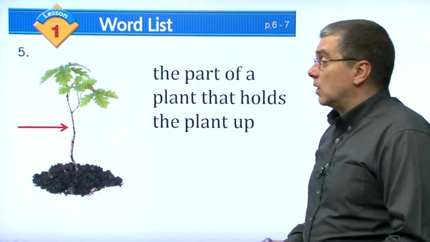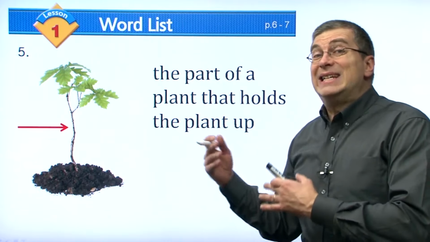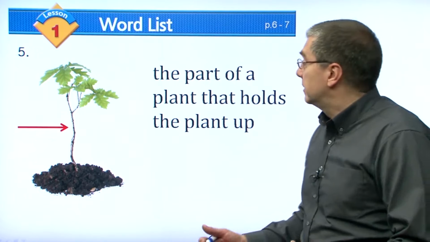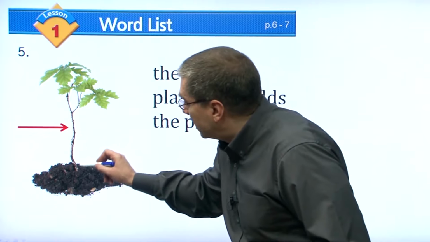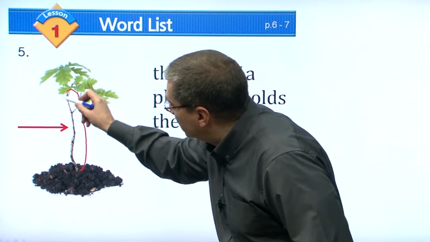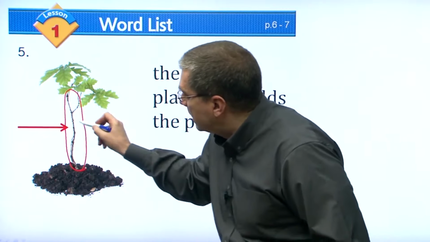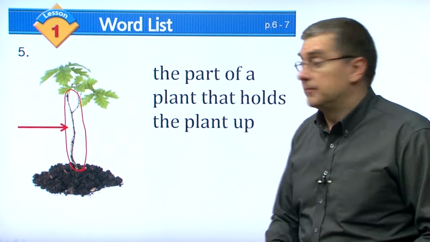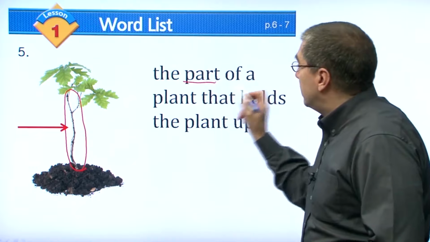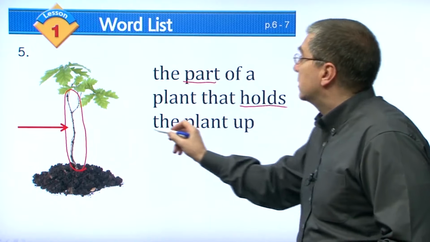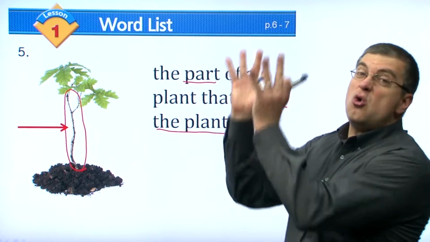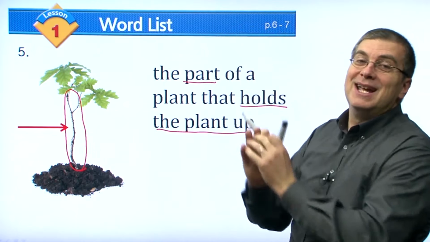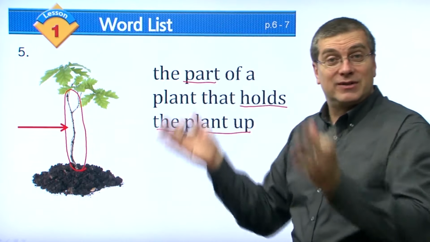Okay, our next word, we're talking about a different part of the plant. Actually, it's this whole piece right here, right? That whole thing. It's the part of a plant that holds the plant up. It supports the rest of the plant.